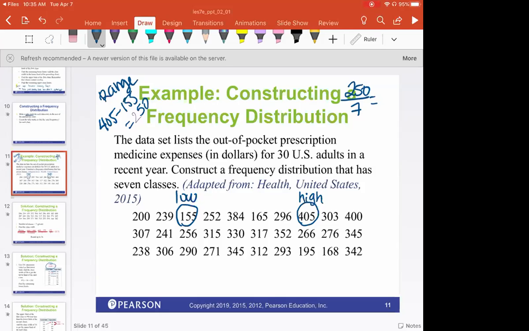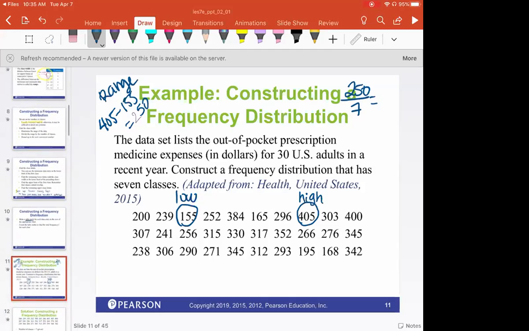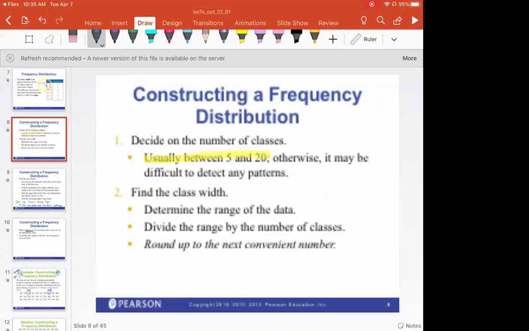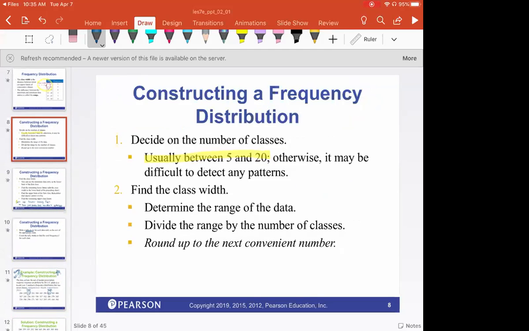You first want to identify, well, we have our steps, right? If you're ever unsure, you can go back to your steps, and it's where the numbering starts. You want to determine the class width. So you want to determine the range. Remember, the range is where you subtract the high minus the low, and then divide it by how many classes you want.